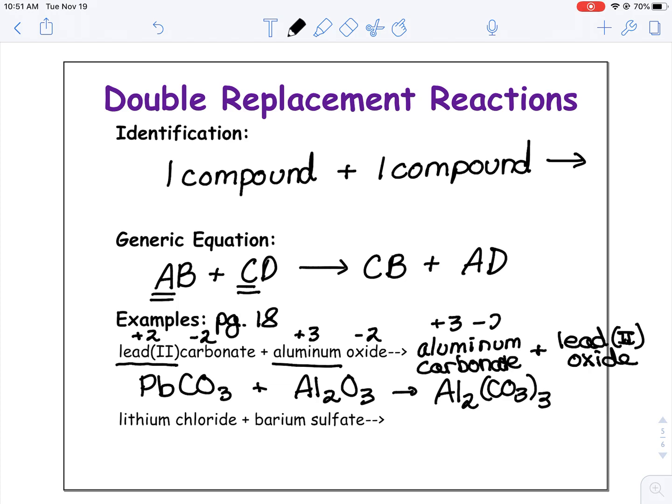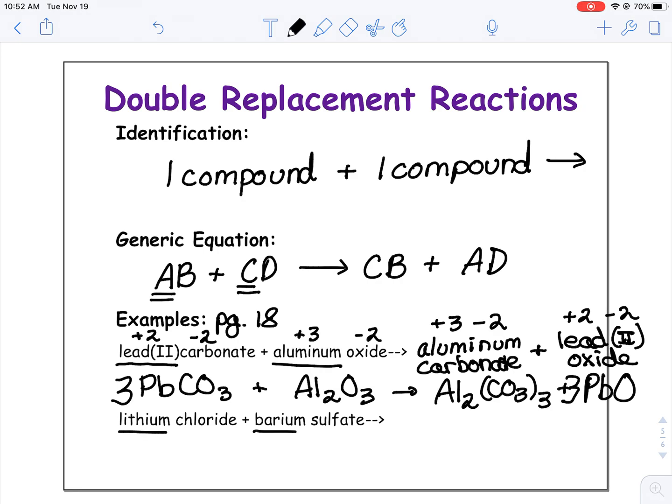Aluminum is +3, carbonate is -2 over here, lead is +2, oxide ion is -2, so this is just PbO. So now I've got to go through and balance my overall equation like that.